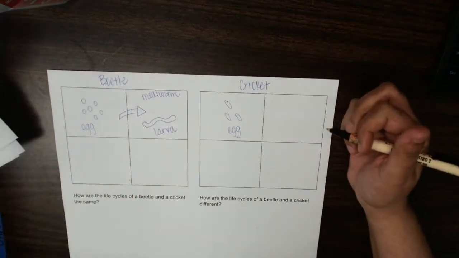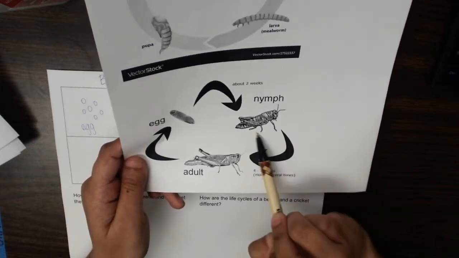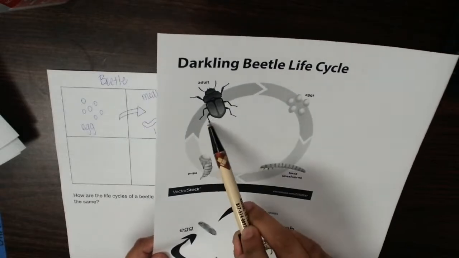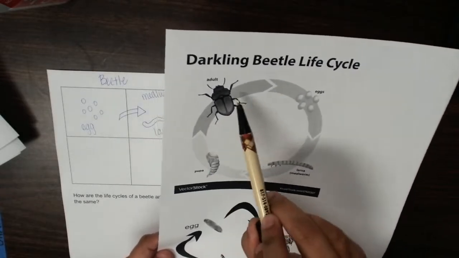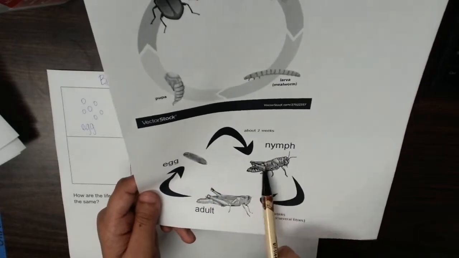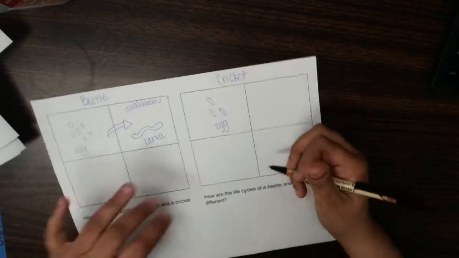Okay, now with a cricket, you just have a baby cricket. Whereas with our larva, eventually it's going to look like something complete. It'll look completely different. But as soon as a cricket hatches out of the egg, it looks like a baby cricket, and it's called a nymph.